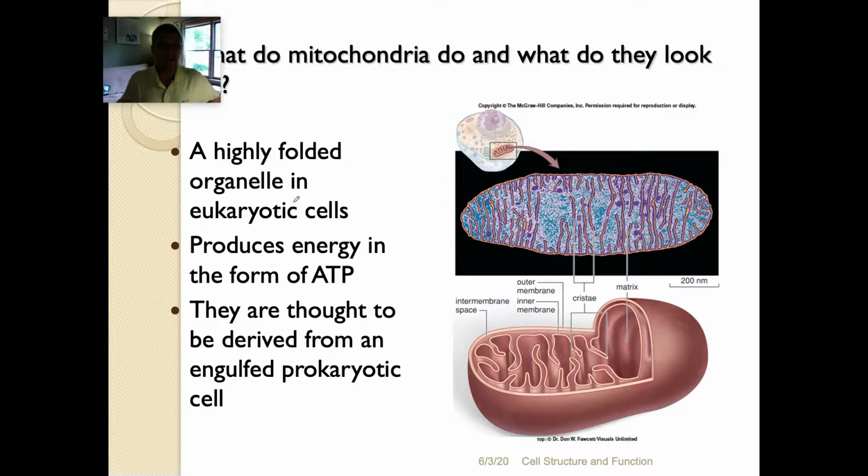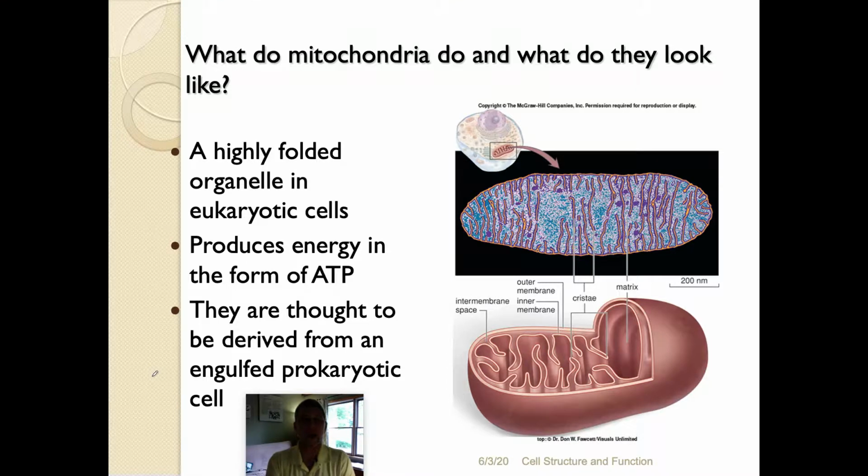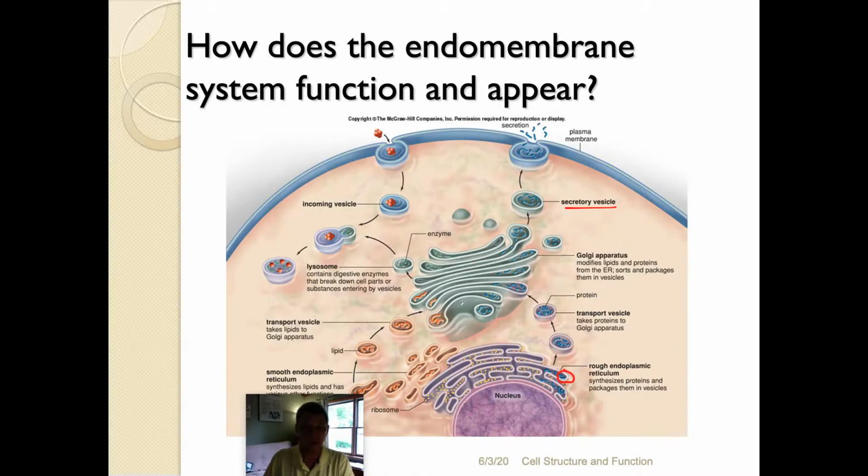The last organelle that I want to talk about is the mitochondria. Mitochondria are small organelles. They are highly folded. And why do you think they might be highly folded? Well, that increases the surface area inside the organelle. As a matter of fact, if you go back here, why do you think the Golgi bodies and the endoplasmic reticulum are all flattened out?